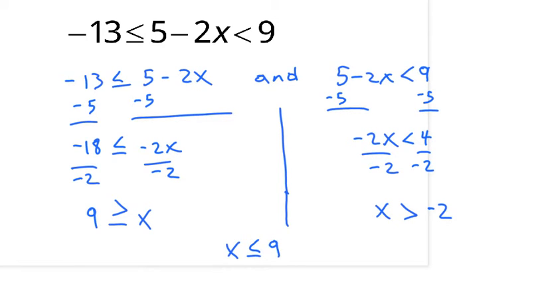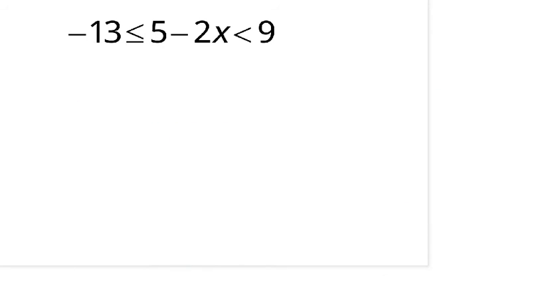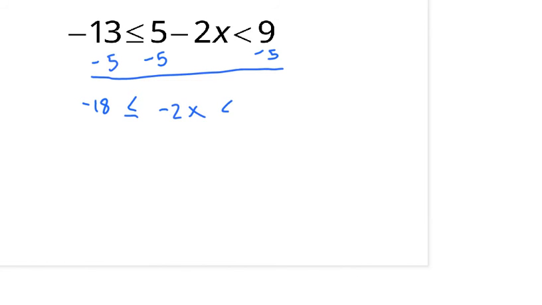So we could have done it separately, but here's another way we could have done the same problem. Instead of separating it, we could have done the work all in the same problem. So we know we would have subtracted 5 first from all parts of our inequality. This would be negative 18 here, this would be negative 2x in the center, and this would be 4 here. We're dividing all parts by negative 2. And if you compare the other work, we did exactly the same steps.